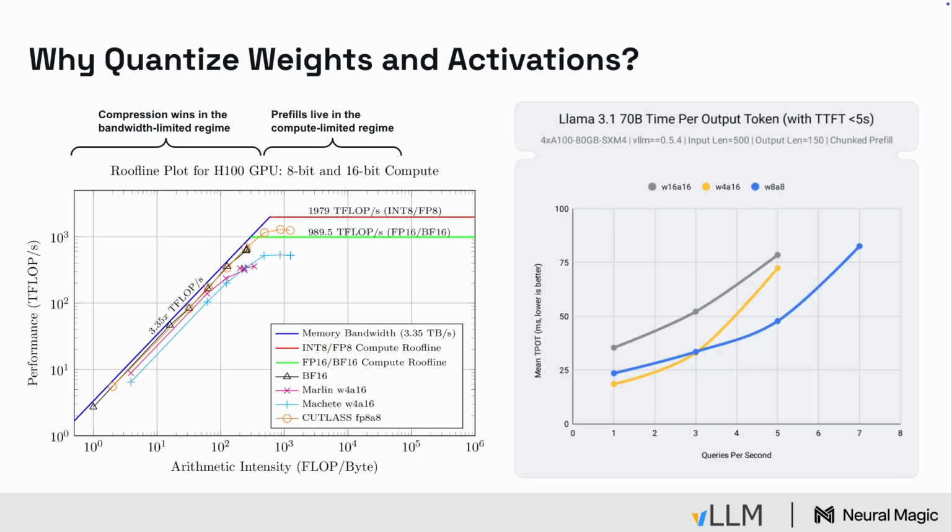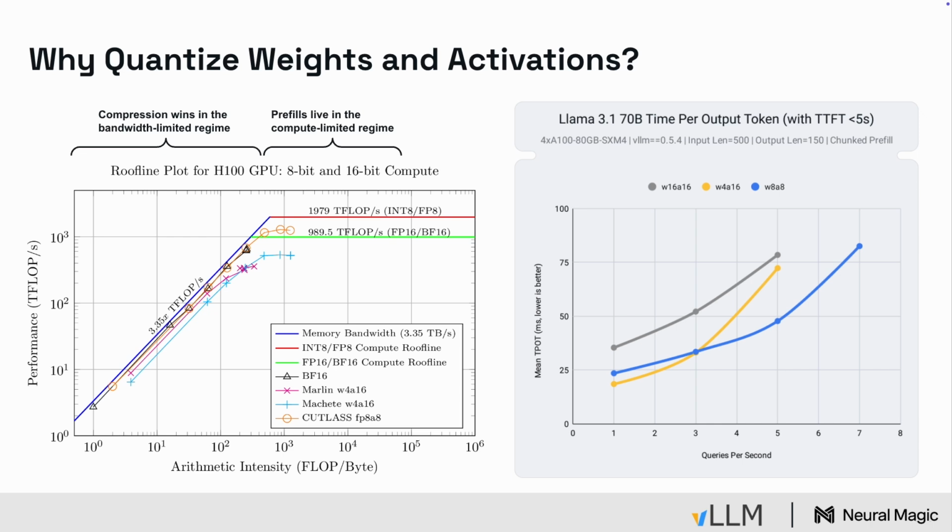So again, why would you want to quantize the weights and the activations? I was really happy when Charles mentioned arithmetic intensity, because here I have a roofline plot. Don't let it scare you too much. On the left side of the roofline plot, we have the memory bandwidth limited regime, where we don't have enough arithmetic intensity, we don't have enough compute.